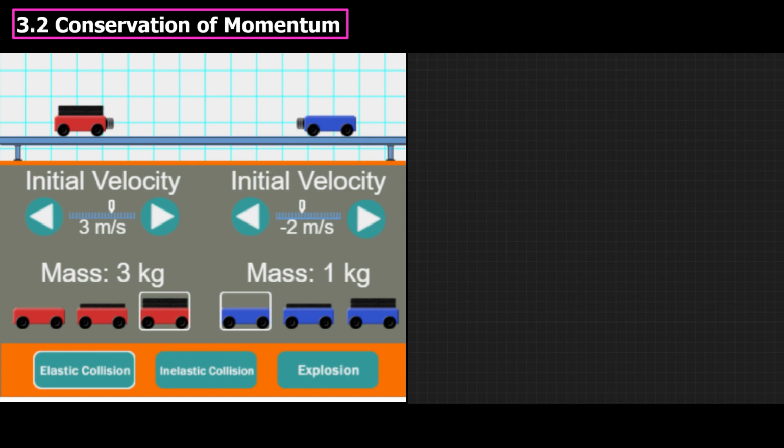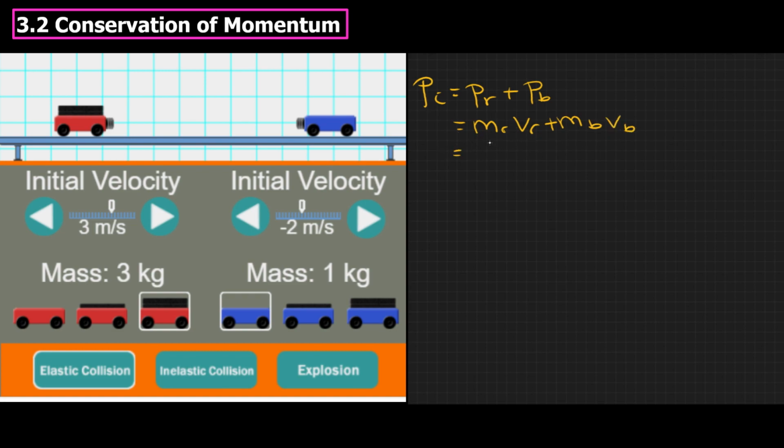Let's write that down. We have initial total momentum, which is the momentum of the red car plus the momentum of the blue car, which is m_r v_r plus m_b v_b.